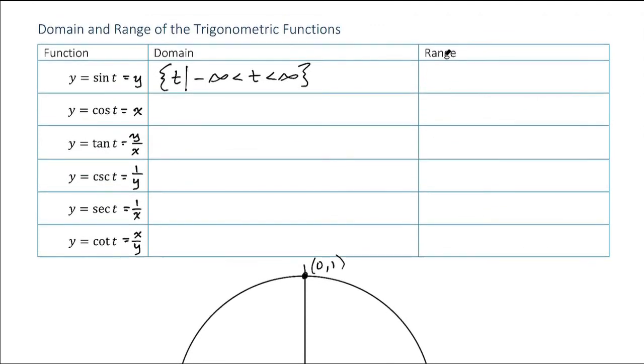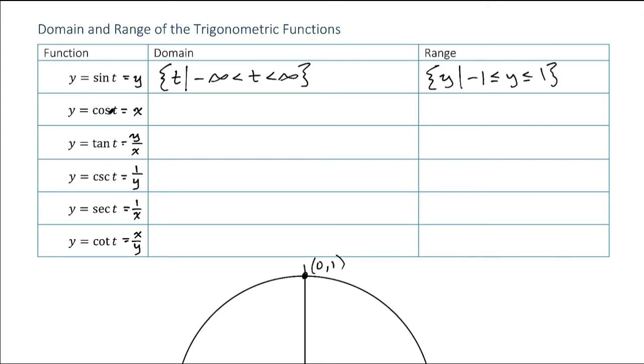So again, writing this in set notation, I have the set of all possible y values such that y is between negative 1 and 1. And we do have equals on each of those because we do actually reach those points. Okay, and then that's our range.